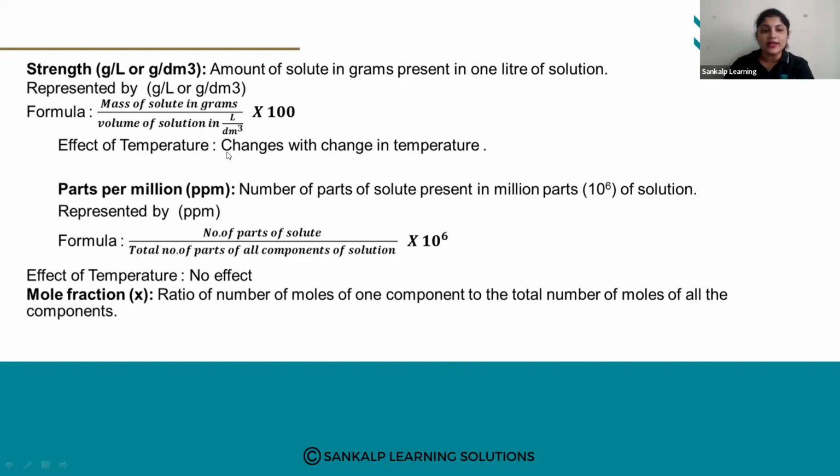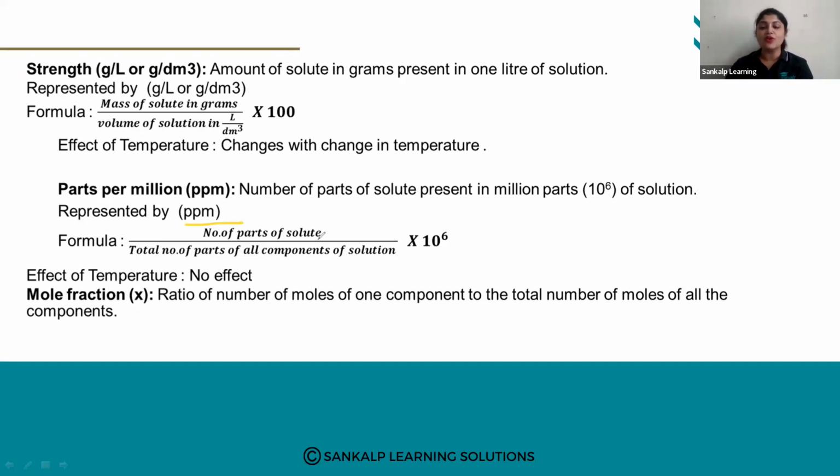So what is parts per million? It is the number of parts of a component per million. Per million means 10 raised to 6. Per million parts means 10 raised to 6 parts of the solution. It is represented by small ppm. So what is the formula?